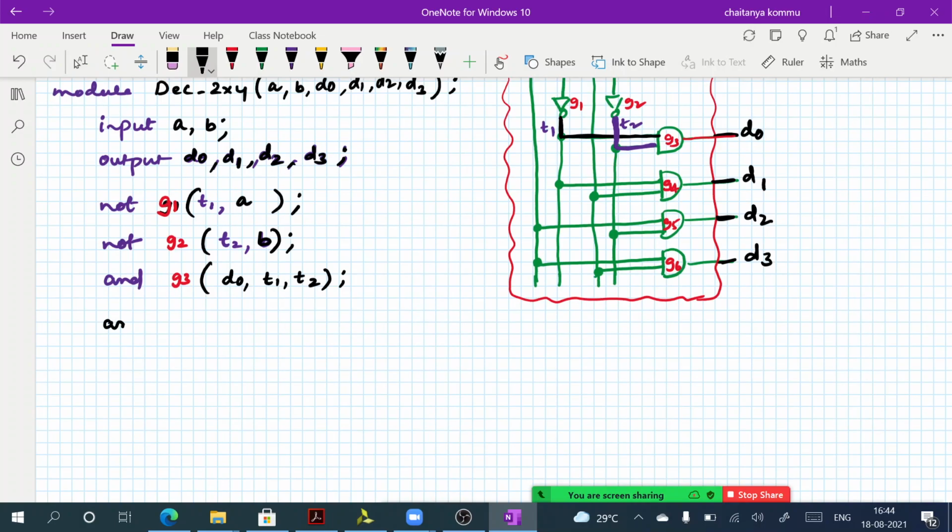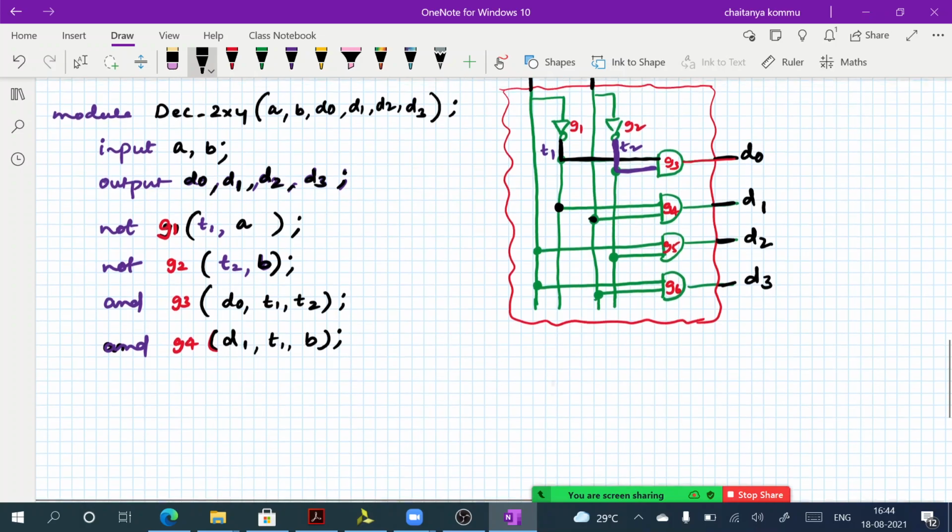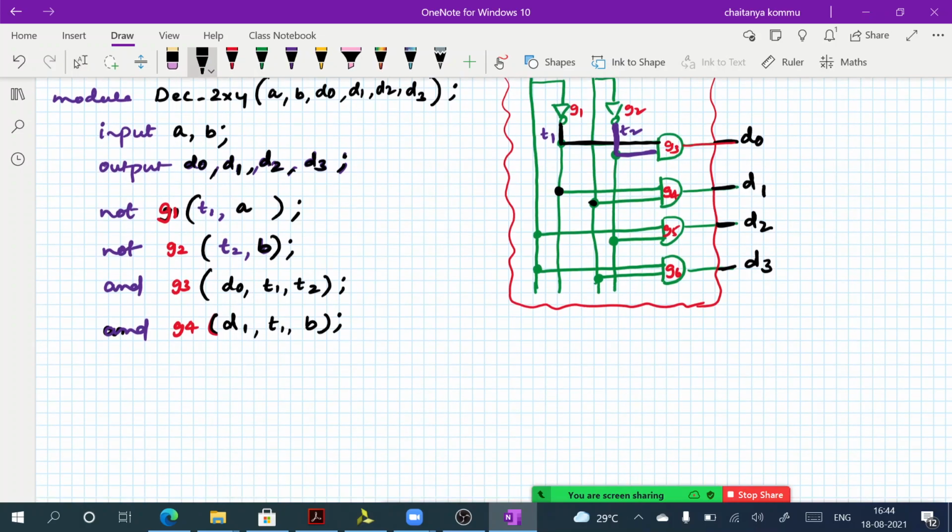Similarly, I have to write another AND gate, G4. D1 comma what is the value? T1 comes from here and B comes. T1 comma B. Next another AND gate, G5, with output D2. What should I write?